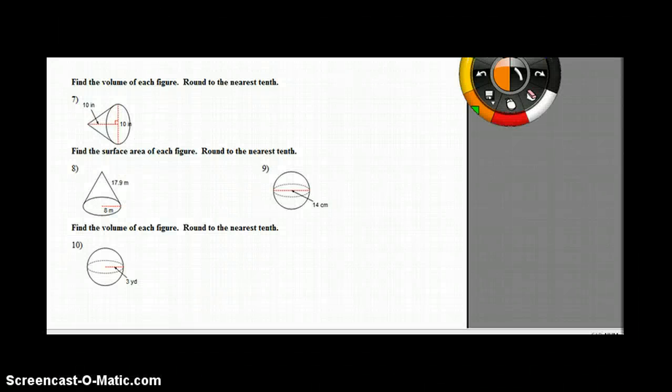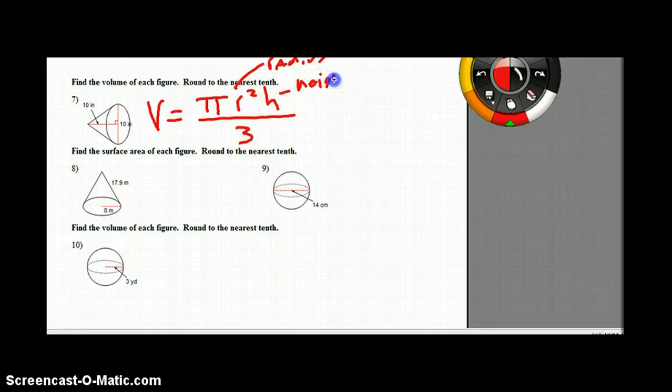So volume of a cone, the formula is pi r squared h all over 3, where pi is 3.14, or you'll see that on your calculator. R is the radius, and H is the height of your cone.